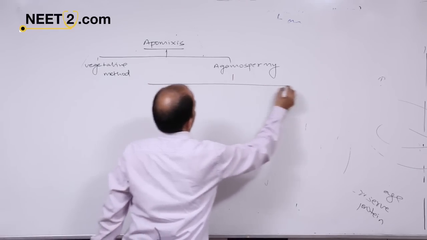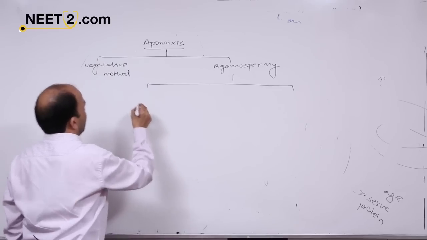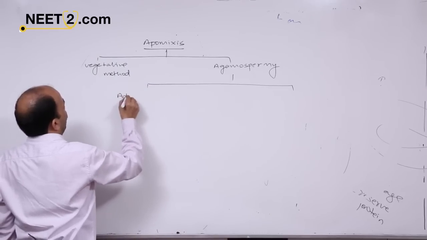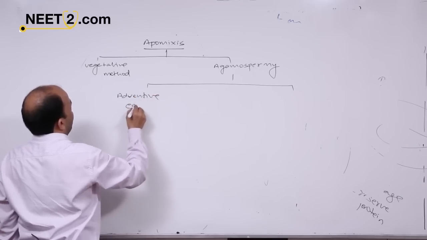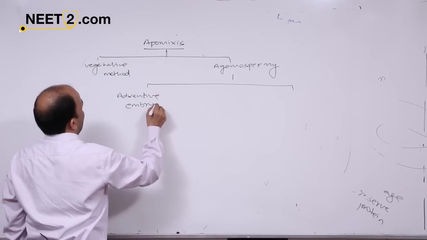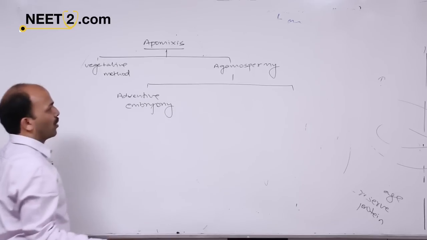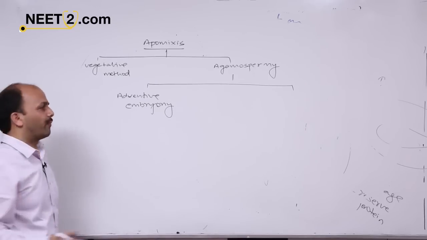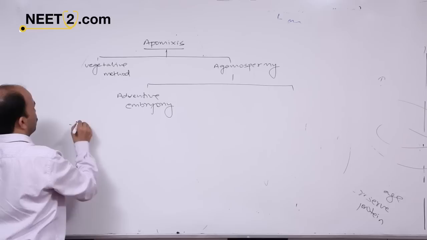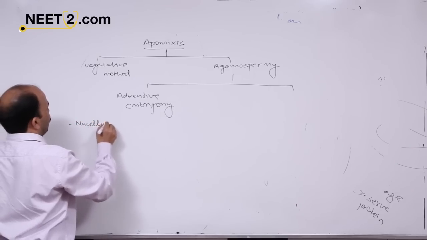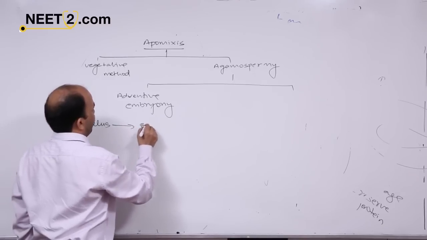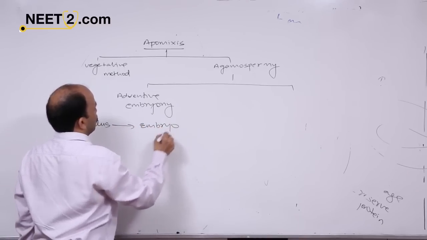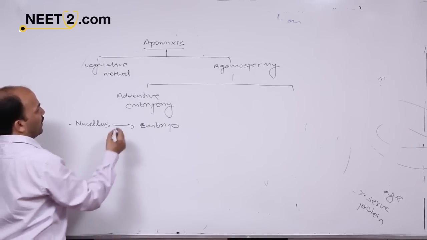Agamospermy can occur by adventive embryony. In adventive embryony, embryo is directly produced from the somatic tissue of ovule, somatic tissue like nucellus. If a cell in the nucellus directly divides by mitosis to make an embryo, then that process will be called adventive embryony.